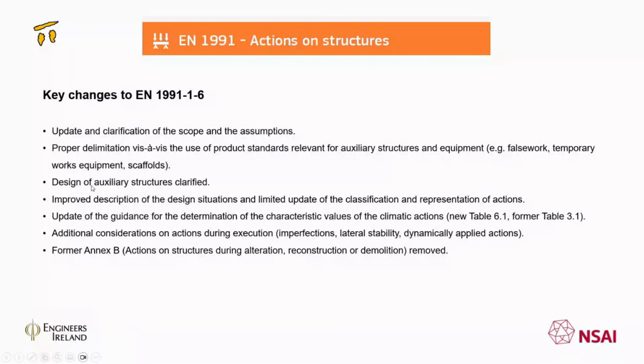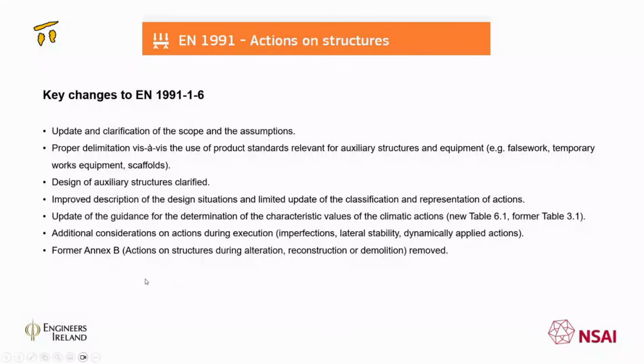The design of auxiliary structures has been clarified, improved description of design situations, and a limited update of the classification and representation of actions. There's an update of the determination of the climatic actions, and there's additional considerations on actions during execution, such as imperfections, lateral stability, dynamically applied actions, and an Annex B, actions and structures during alterations, reconstruction, or demolition, has been removed.